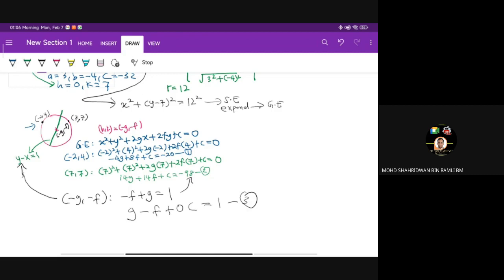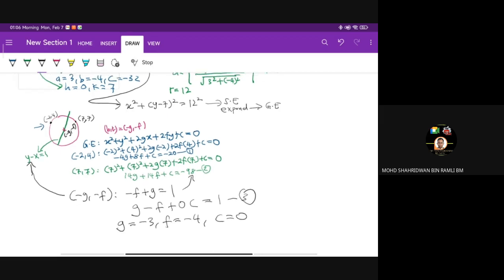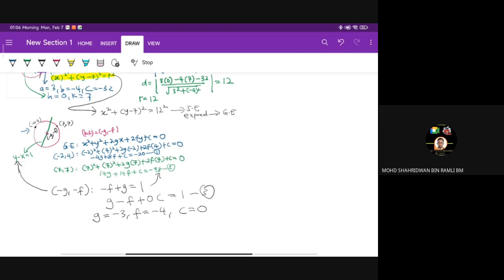Then when you calculate, g is equal to negative 3, f is equal to negative 4, and c is 0. Simple. This is by using the calculator. But when you use the calculator without simplifying these three equations, there will be a deduction of your marks, maybe 1 to 2 marks, but you save a lot of time.